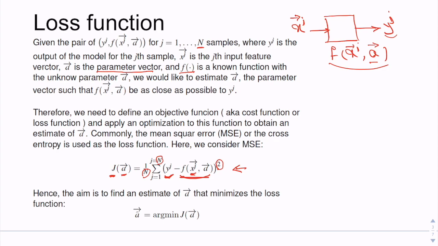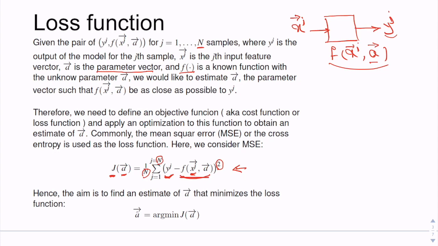But this cost function is one of the most popular ones, along with what is called the cross entropy. When the output of your function is a probability, then we use the cross entropy. We will get to the cross entropy shortly in the next video lecture.